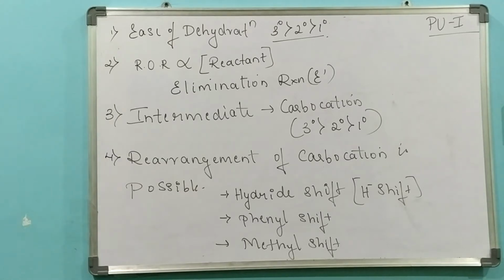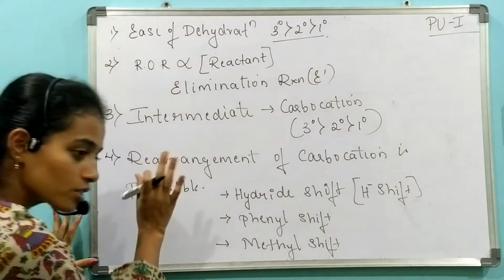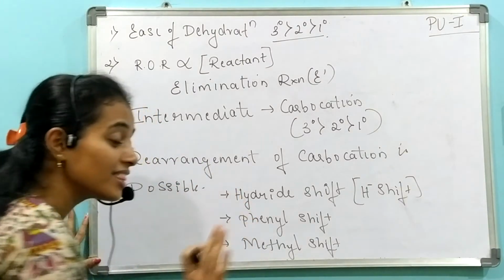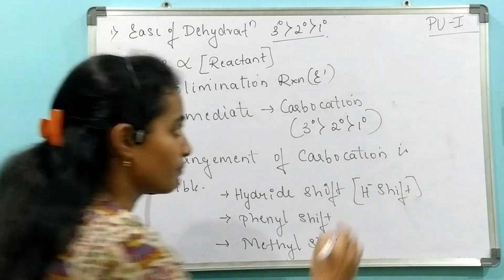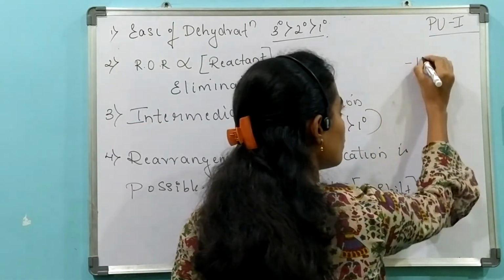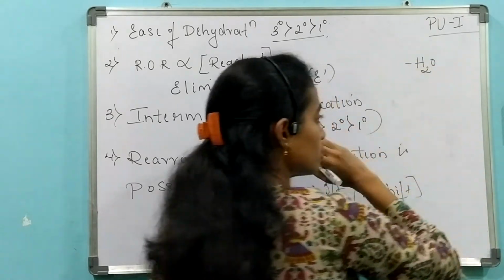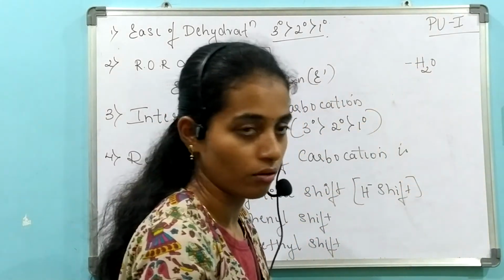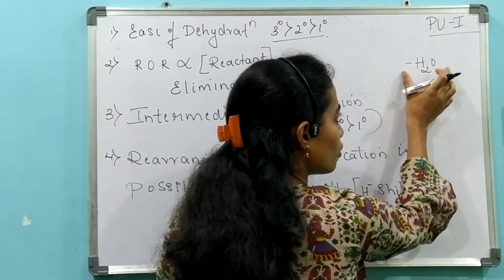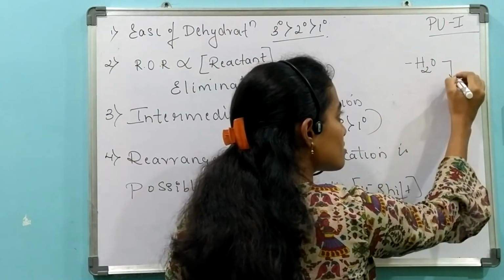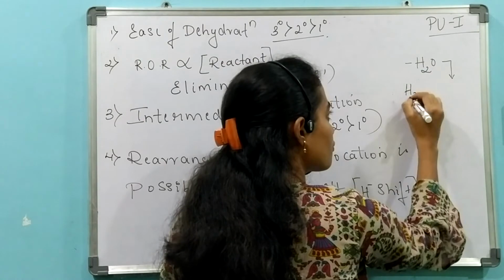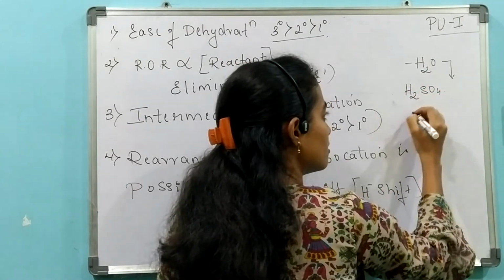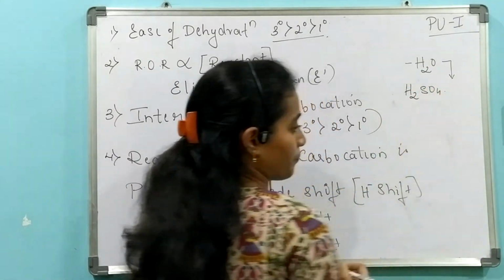And last point, since there is an elimination of a water molecule in this particular reaction, in the presence of an acid, you have removed the water molecule, therefore you call it a dehydration of an alcohol. But this is done in the presence of concentrated sulfuric acid, which is an acid.